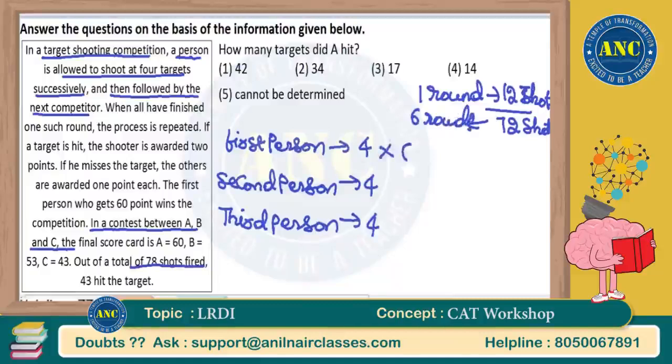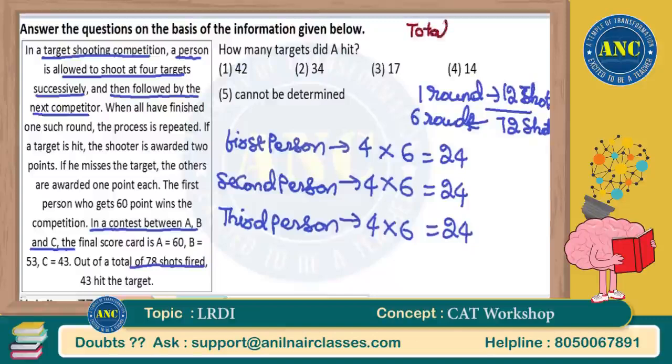Every round 4, 4, 4. 6 rounds means 6 times. First person 24 shots, second person 24 shots, third person 24 shots. Next, the total shots given in the question is 78, but I got only 72.